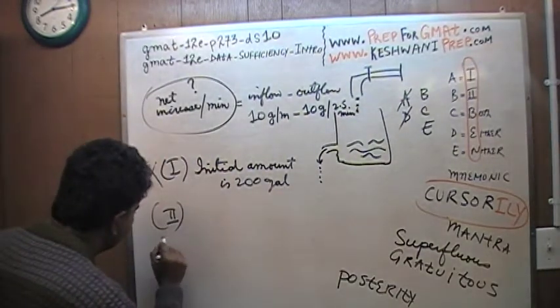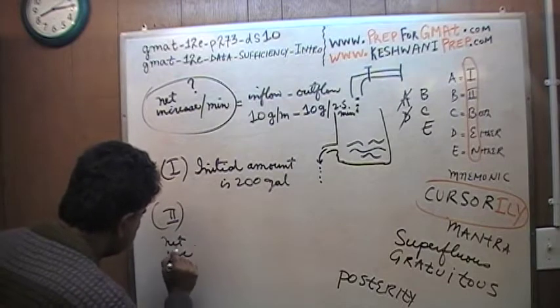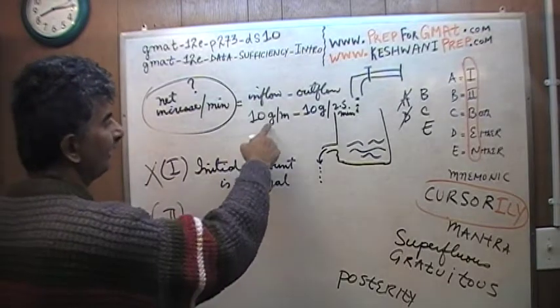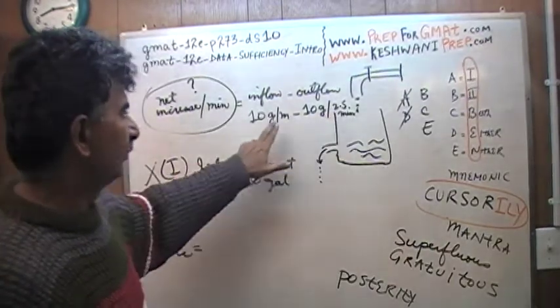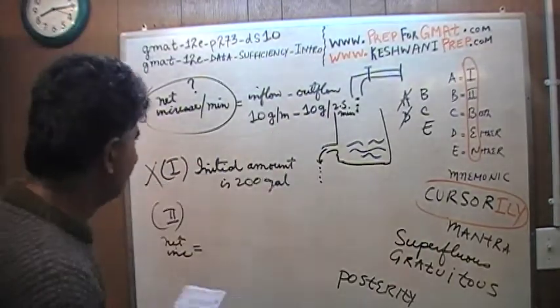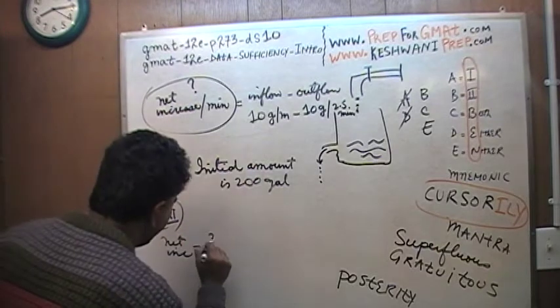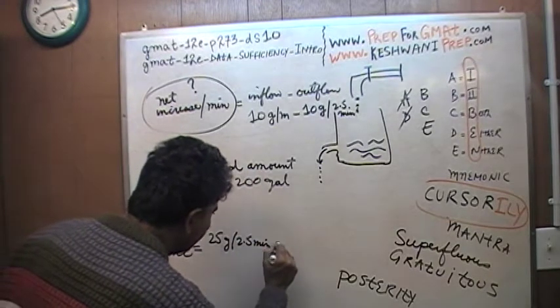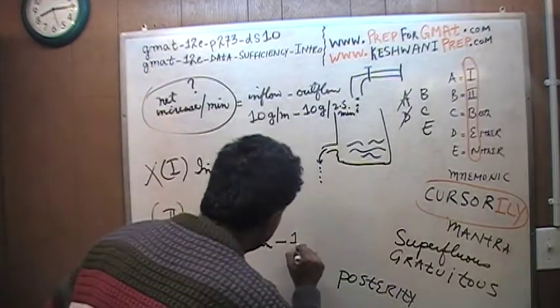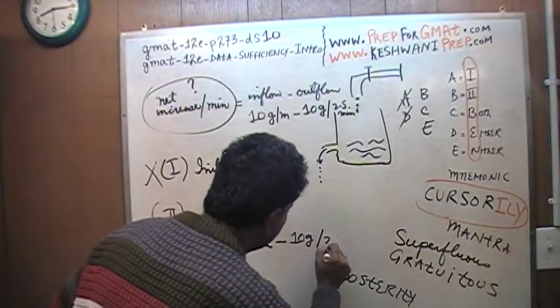So the net increase is going to be, since they tell you 10 gallons per minute, in here they tell you 10 gallons every 2.5 minutes. I'm going to change this into 2.5 minutes as well. So 2.5 times 10 is 25. So it's 25 gallons per 2.5 minutes minus 10 gallons per 2.5 minutes.